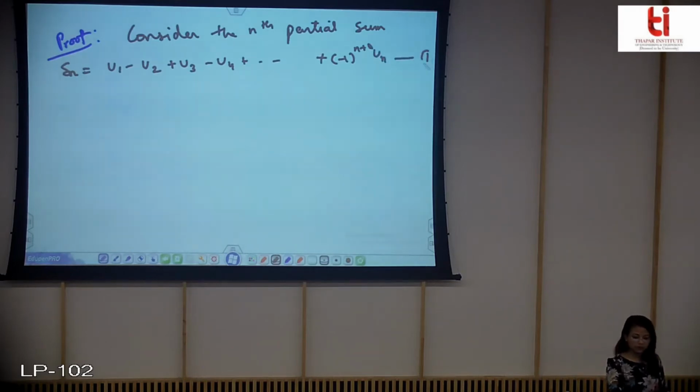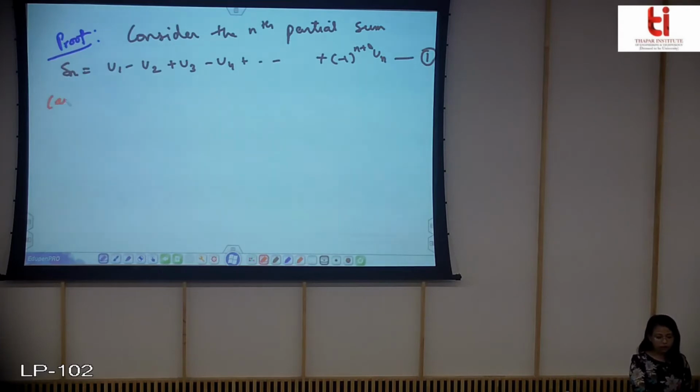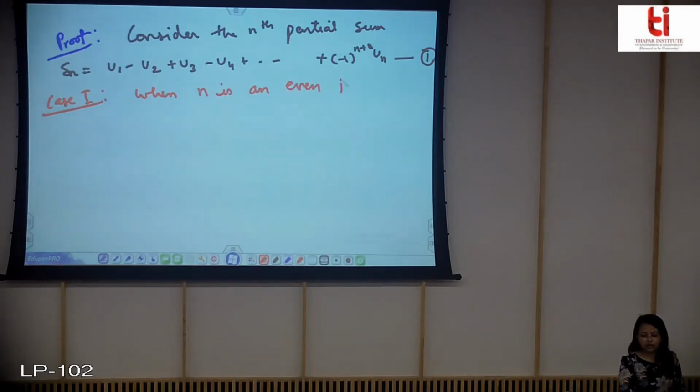I call it equation 1. Now I'll make two cases. Case 1 is when n is an even integer. So I can say n is equal to 2m for some positive integer m.